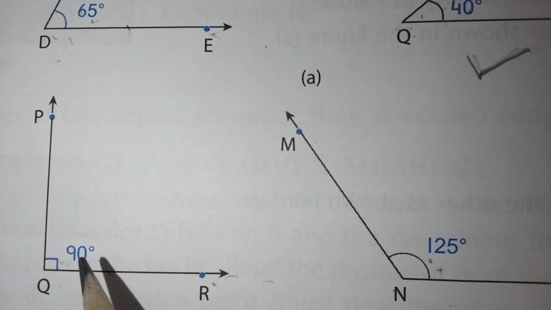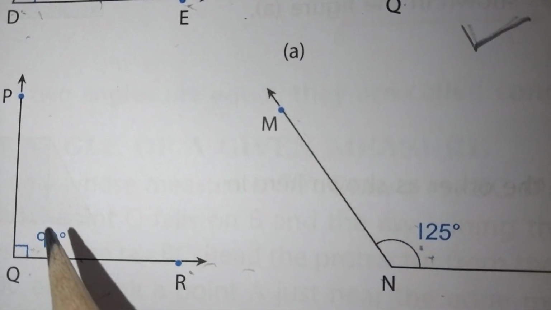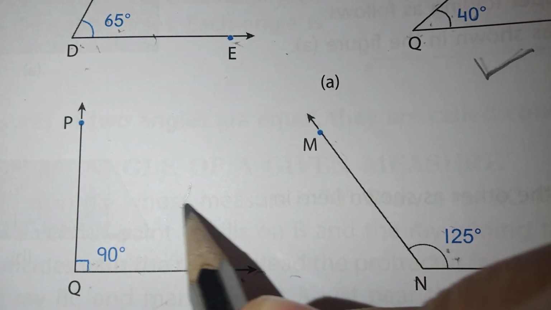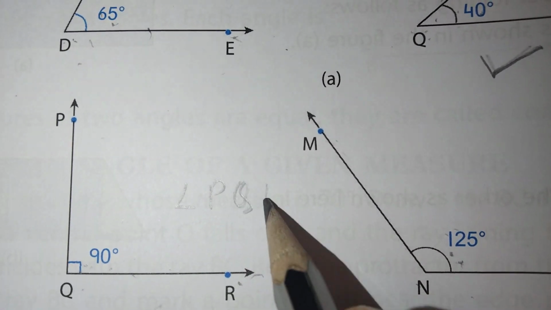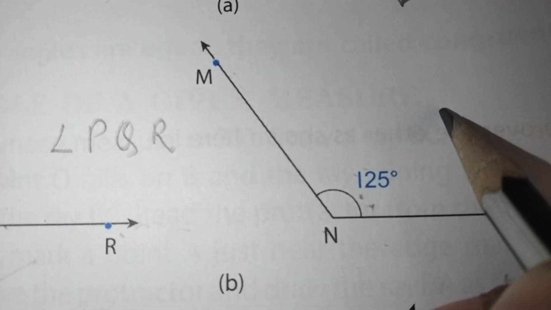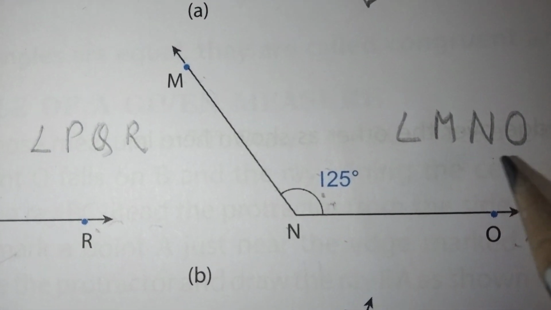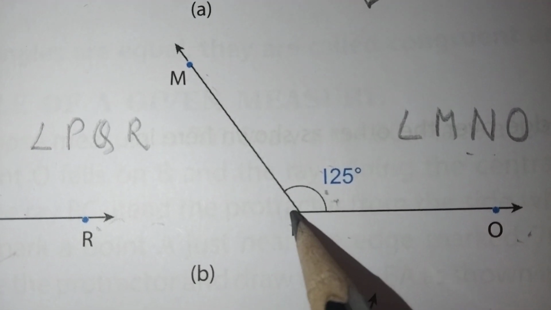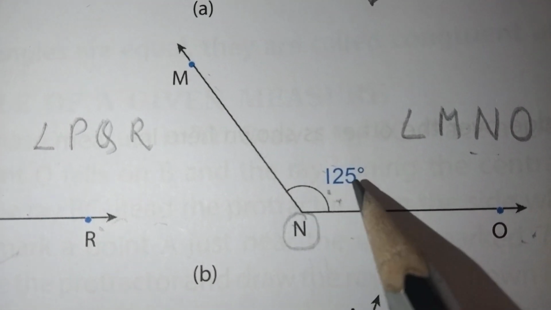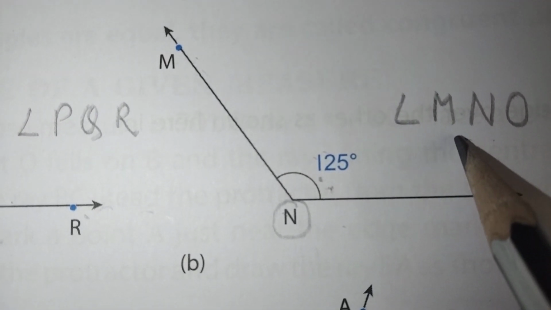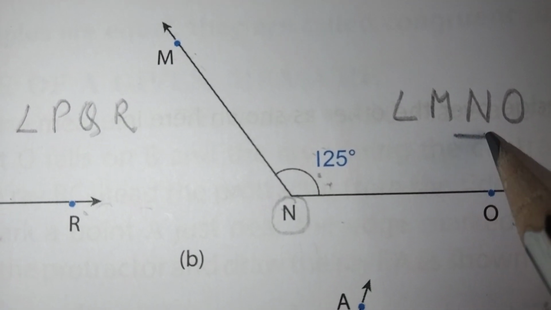By comparing these two angles, this is angle PQR and this is angle MNO. The alphabet on which the angle is represented will come in the middle.